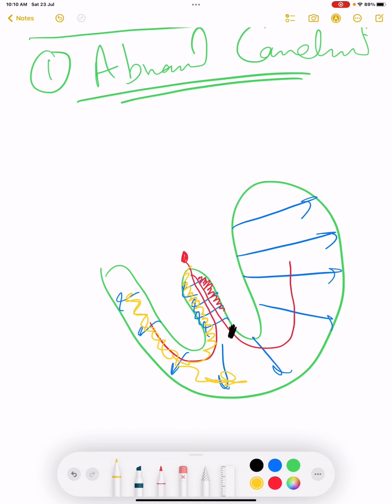Then after depolarization of the right side, the left side will be depolarized and there will be a reversal in the direction of septal depolarization. Now the septum will be depolarized from right to left side.